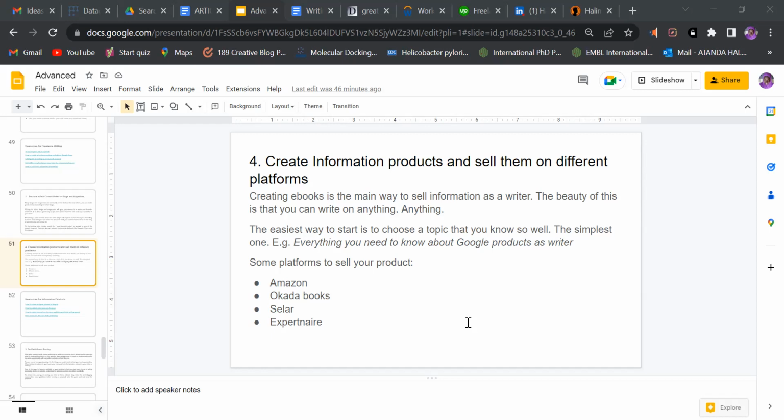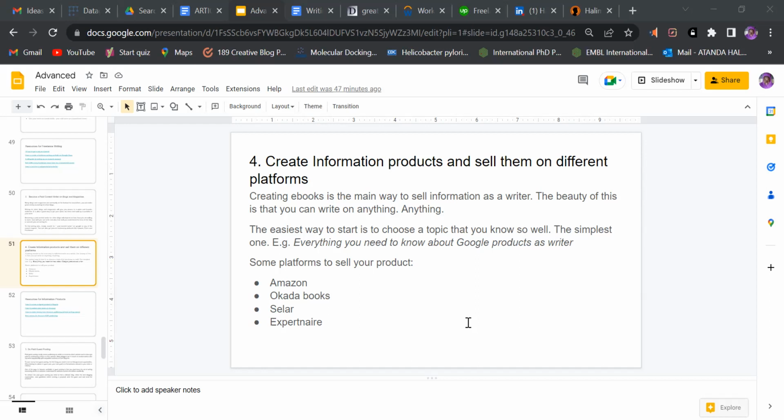Don't go and start complicating issues for somebody. Think of something very, very simple to you, something very, very close to you, something that you understand so well. Write about it, market it, and see how it performs. Depending on the performance of your first product, it's going to guide you on the next decisions you make about creating information products. That's the goal.